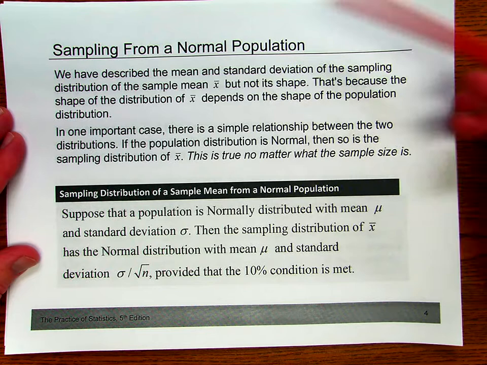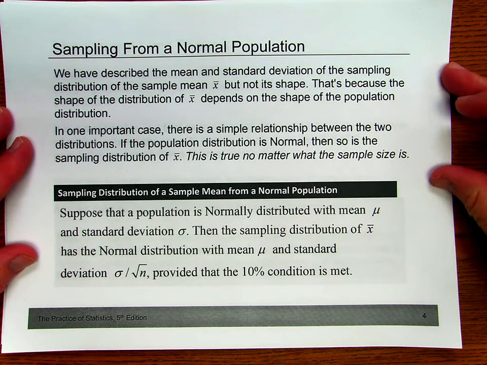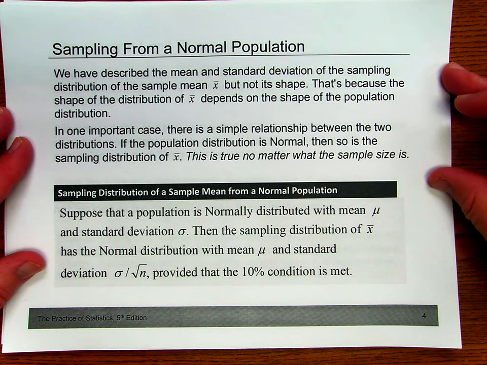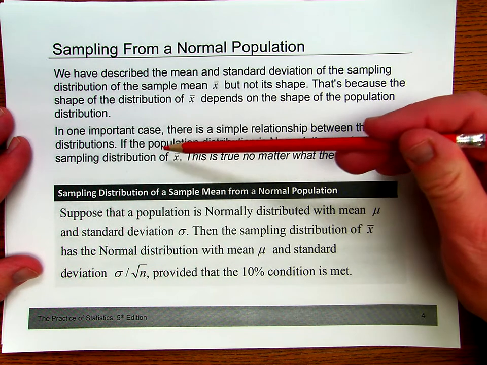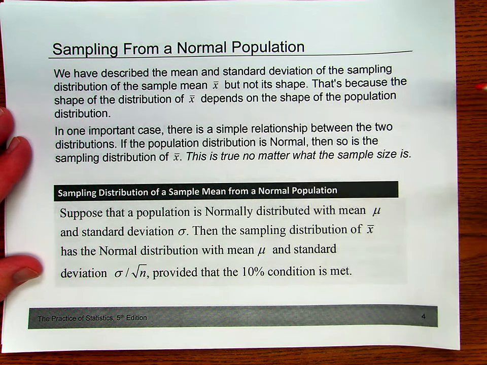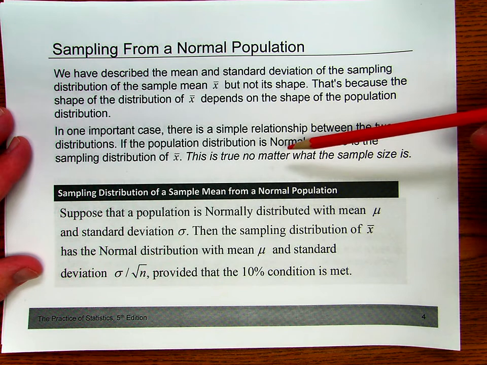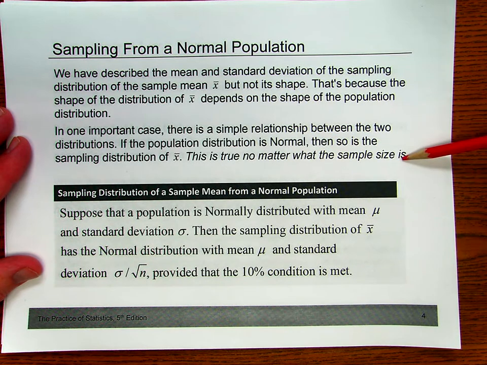All right, we have described the mean and standard deviation of the sampling distribution of the sample mean x bar, but not its shape. That's because the shape of the distribution depends on the shape of the population distribution. In one important case, there is a simple relationship between the 2 distributions. If the population distribution is normal, so is the sampling distribution of x bar, no matter what the sample size is.